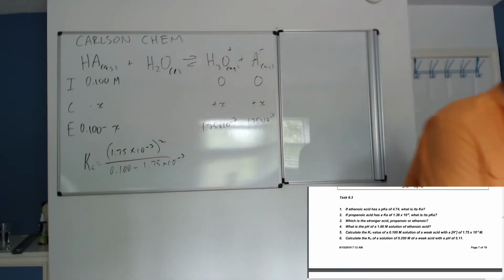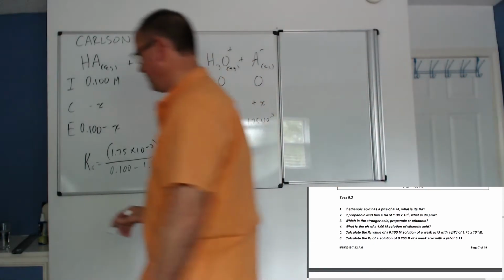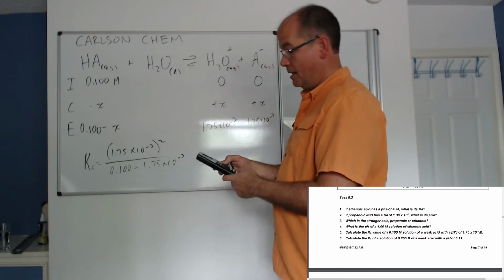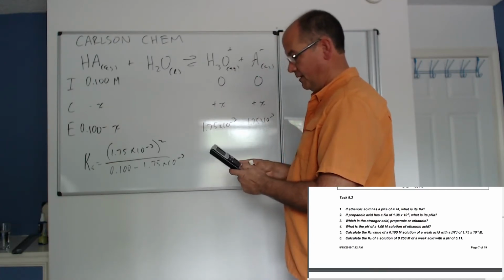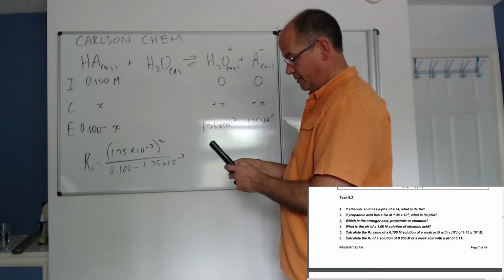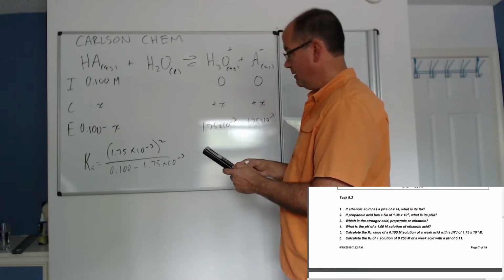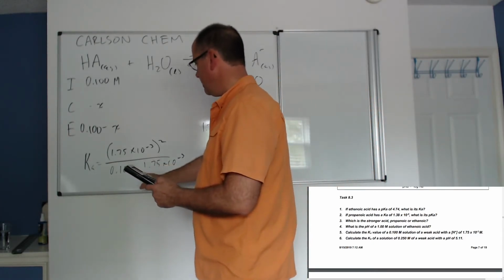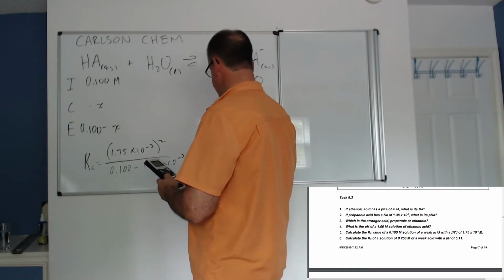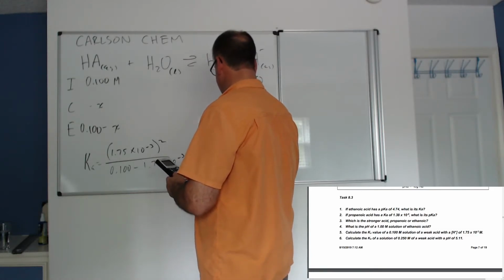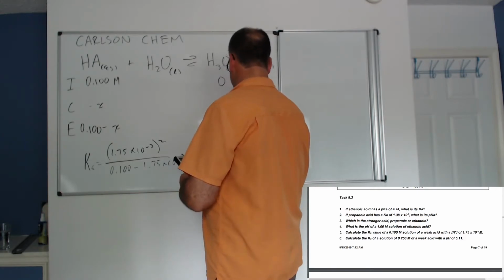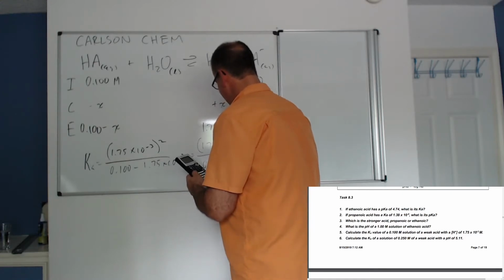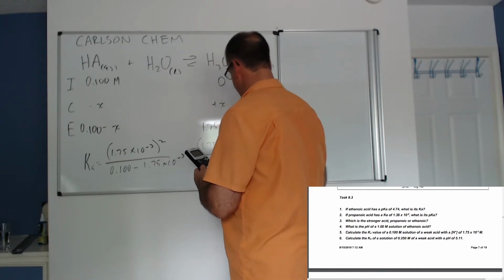Now, I didn't do this when I was preparing for this, so let me punch that in the calculator as I move across the screen here. Let me verify this for you, and then you can see 1.75 times 10 to the negative 3. So this is going to become 1.75 times 10 to the minus 3 squared over 0.09825, okay?